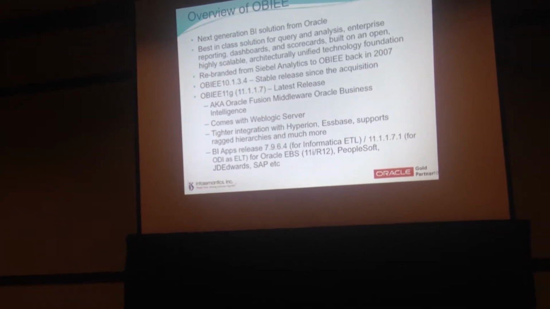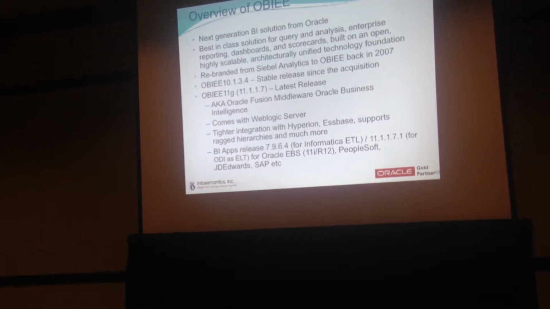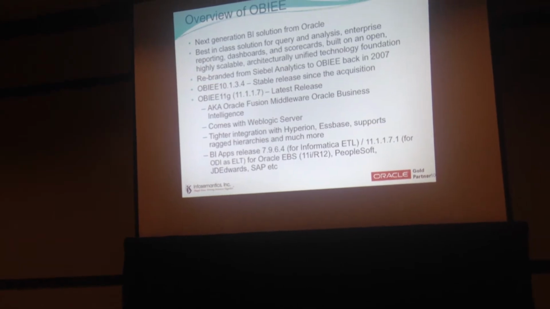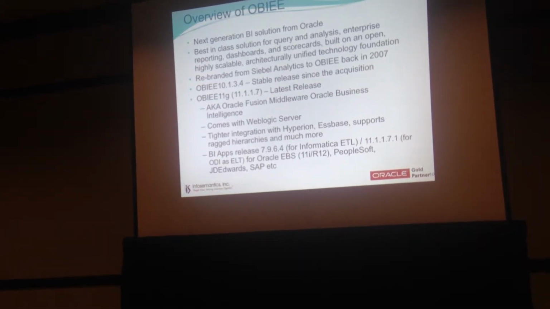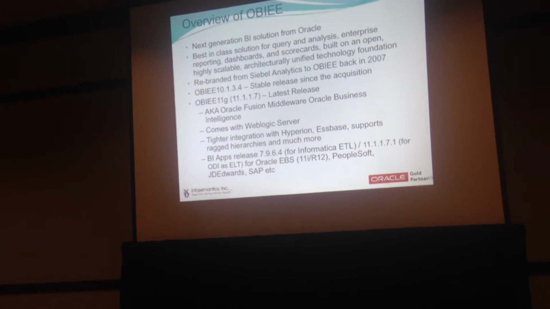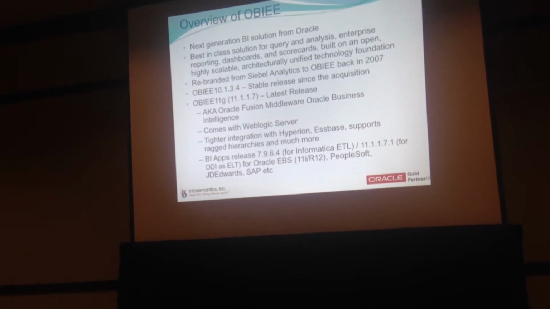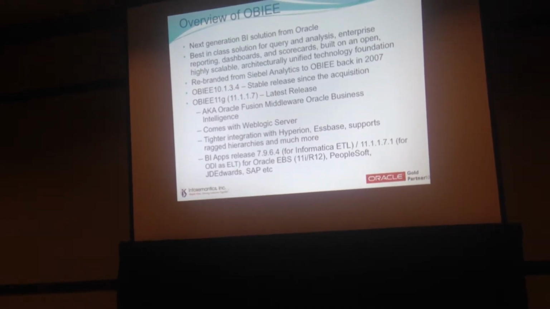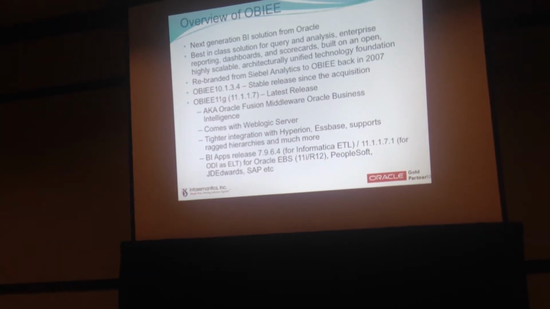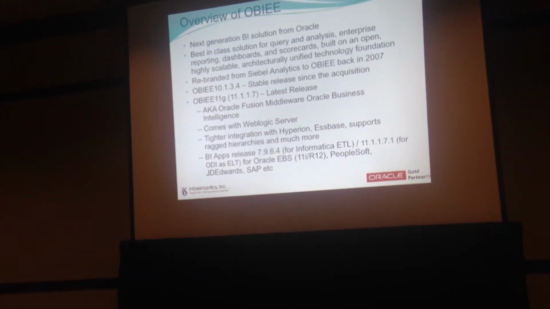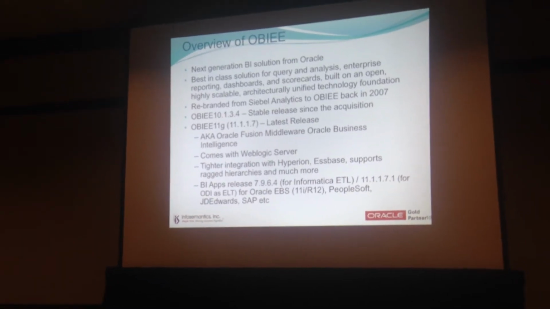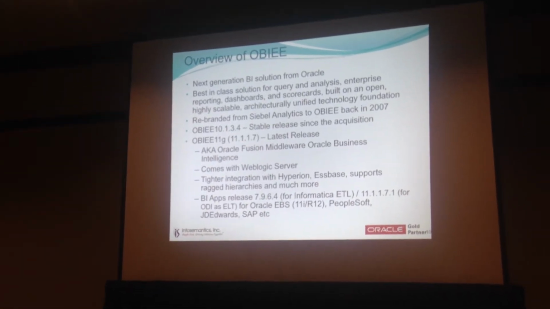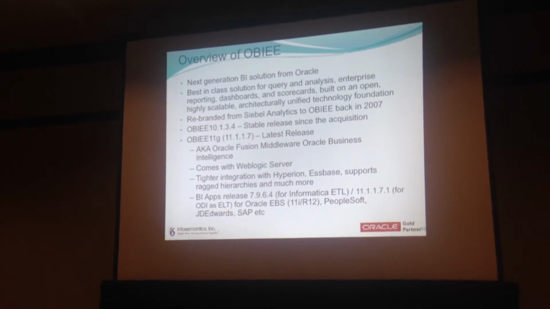The latest version, 7.9.6.4, comes with Informatica for ETL, and there is also an option to go with ODI, which is one of the latest data warehousing tools from Oracle. They now support that too, as an option. The good thing about these BI Apps is that they have built-in adapters directly to Oracle EBS, PeopleSoft or SAP.